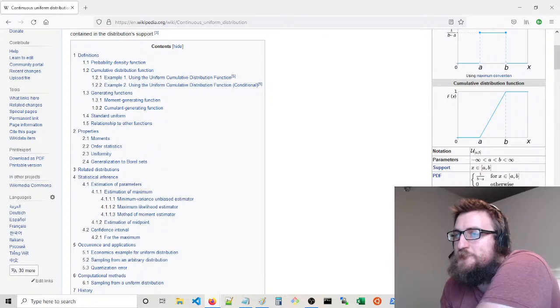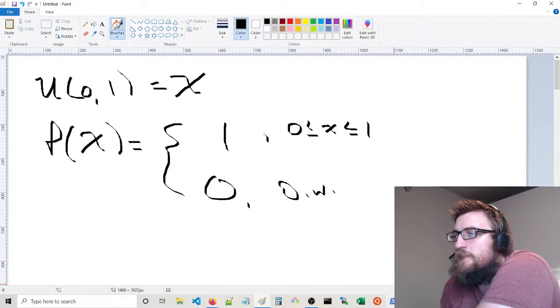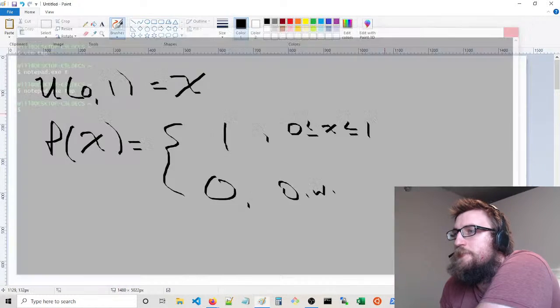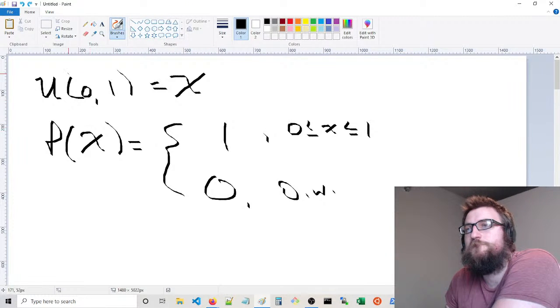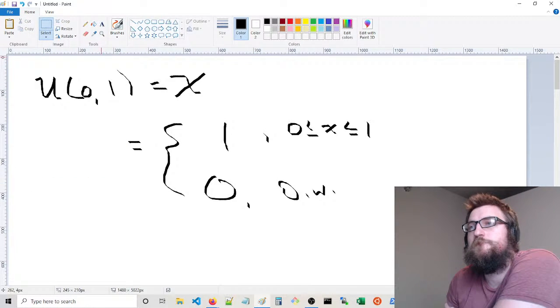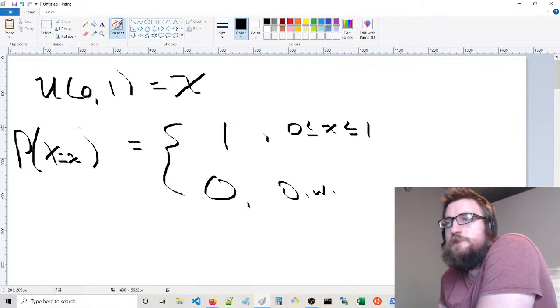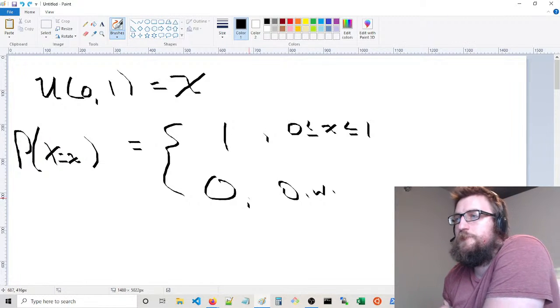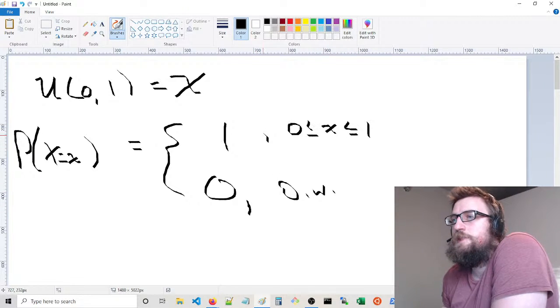The probability that x equals little x is 1 when x is between 0 and 1, and it's 0 otherwise.